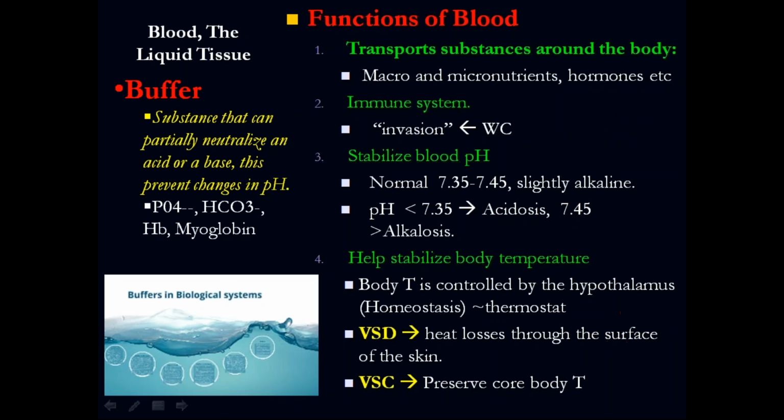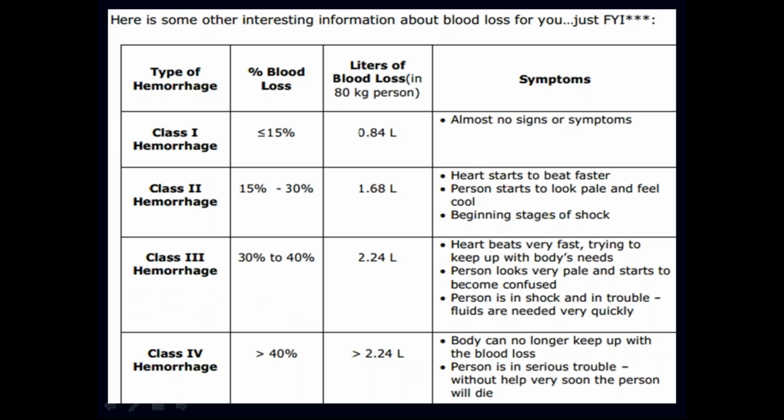All right. So the pH, you already know, function of the blood: transport substance, immune system, stabilize blood pH. The normal value of blood pH is 7.35 to 7.45. They are also going to stabilize body temperature. We have vasodilation and vasoconstriction.